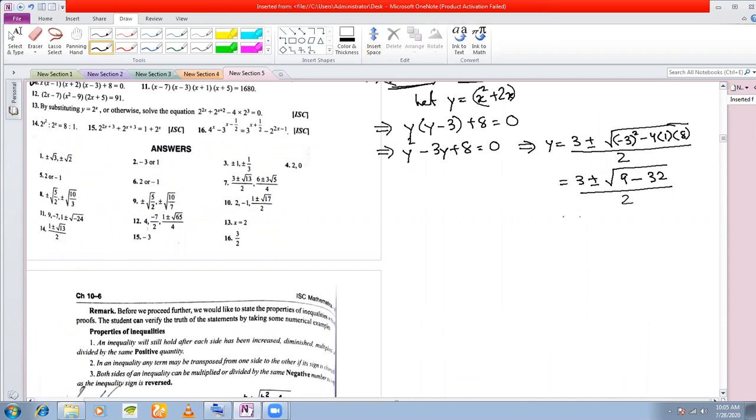Fine, let's simplify. 3 plus or minus root 9 minus 32 is minus 23, divided by 2. Yes, minus 23.